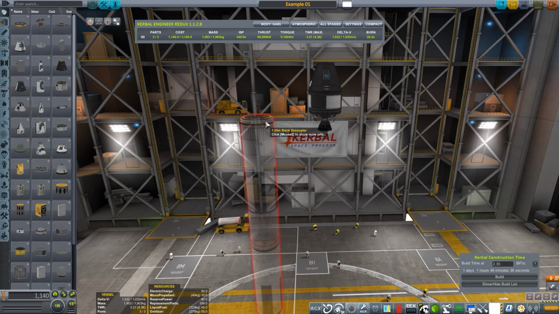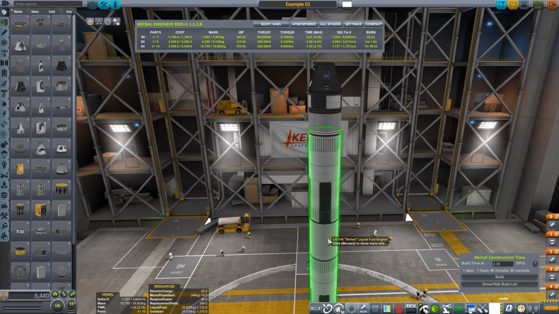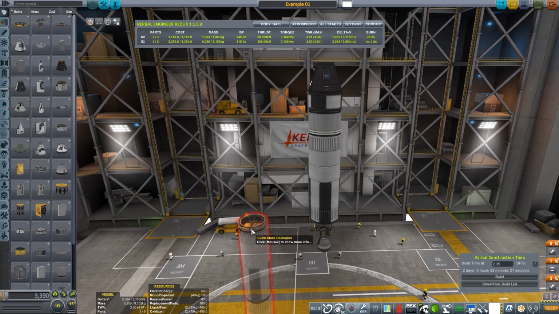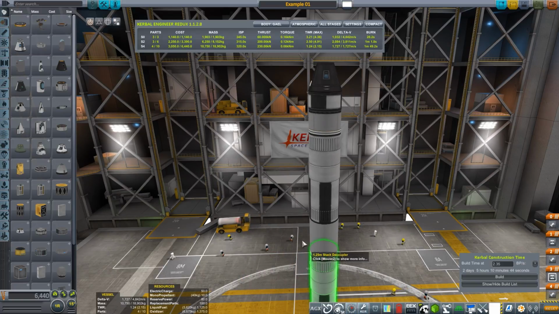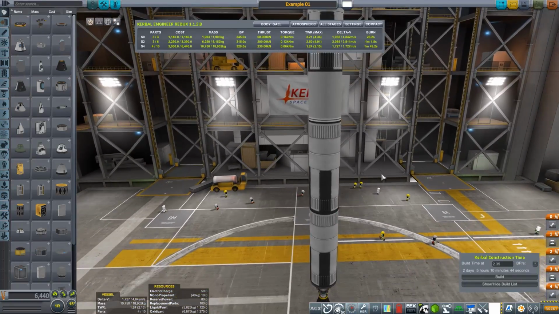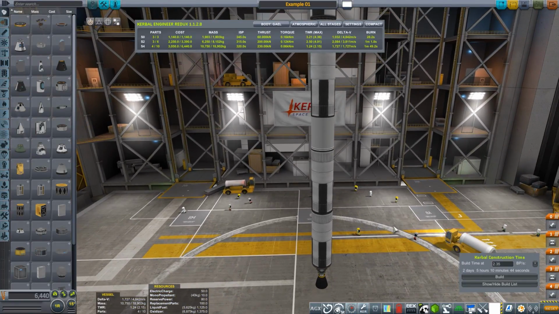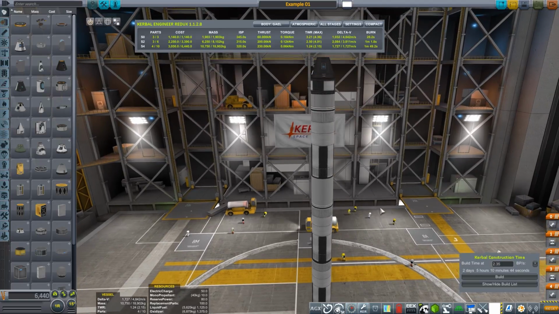So if I take off this stage, you can see that I've got 1,032 delta V here. If I add this second stage, it adds 2,084 delta V, totaling up to 3,116, and then the final stage adds up like that.